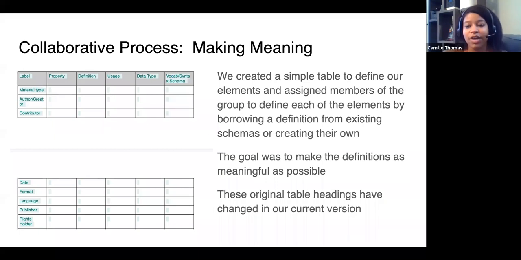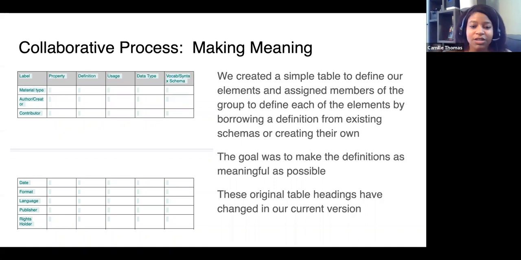So not just finding it, but if course numbers are relevant, if provenance is relevant, because OER has the ability to be reused and adapted and have ancillary materials, we wanted to make note of those kinds of things so that it was also describing the use that goes on and not just something that's standing alone, but something that's living, right? And so the goal was to make the definitions as meaningful as possible.